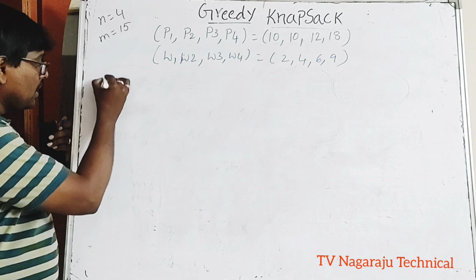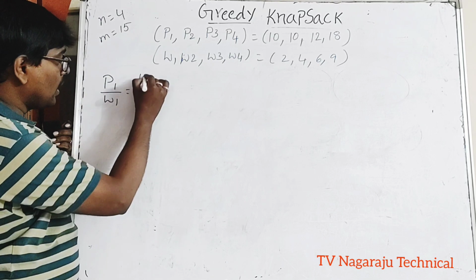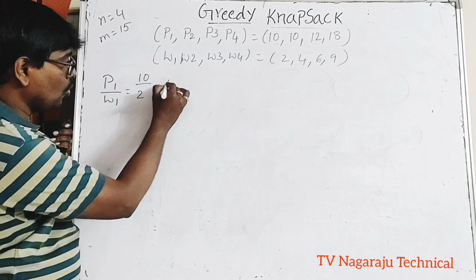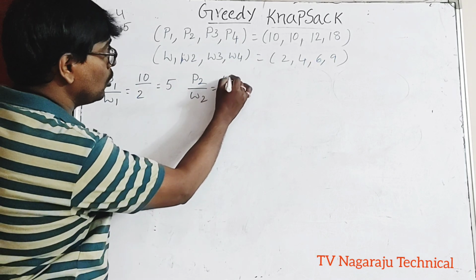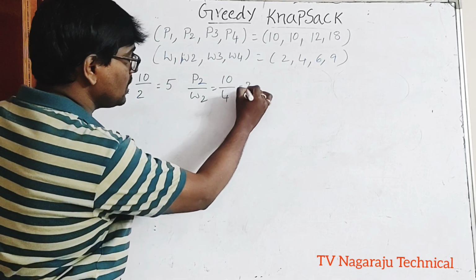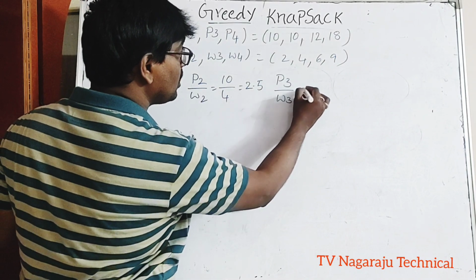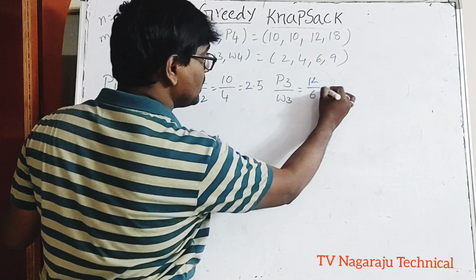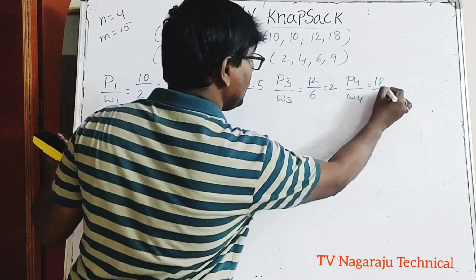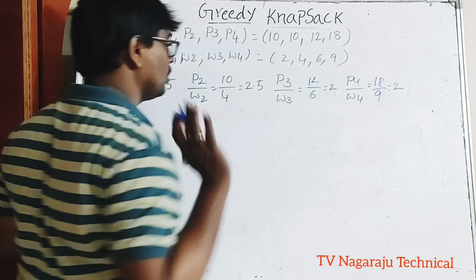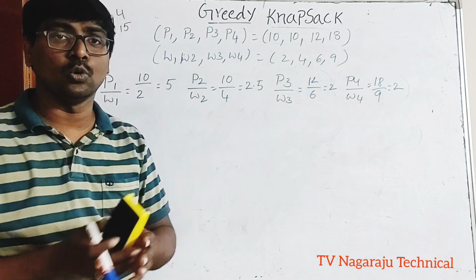P1 by W1 is 10 by 2, the answer is 5. P2 by W2 is 10 by 4, the answer is 2.5. P3 by W3 is 12 by 6, that is 2. P4 by W4 is 18 by 9, that is 2.